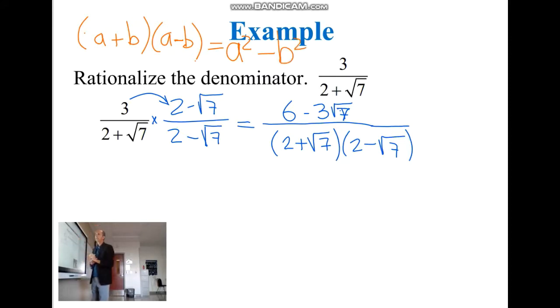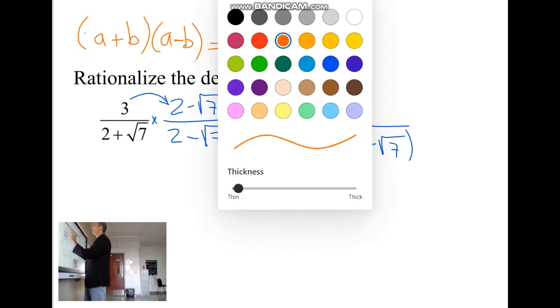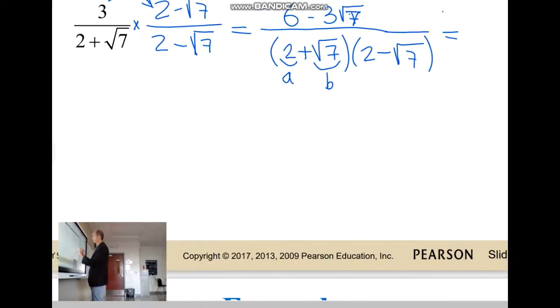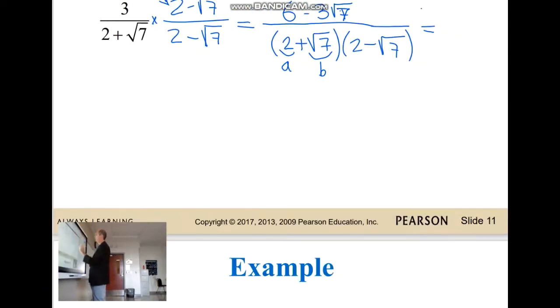So we're going to apply this special product to simplify, because A is going to be 2, and B is going to be square root of 7. A squared is going to be 4, 2 squared, 4, minus B squared, square root of 7 squared is 7. And on the top, we're still going to have 6 minus 3 square root of 7.